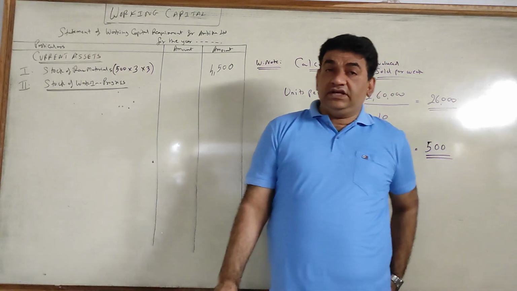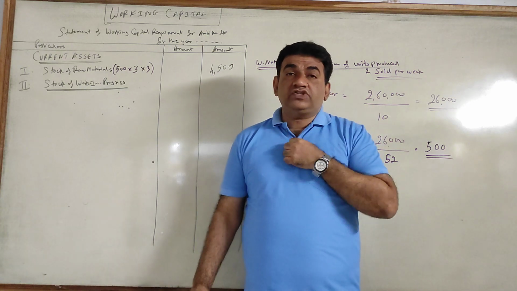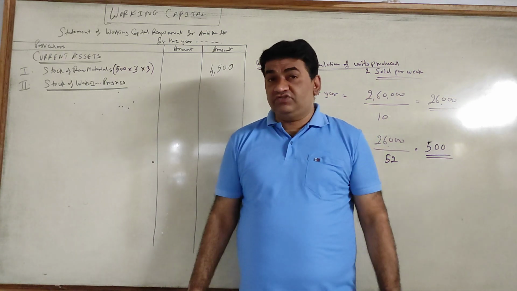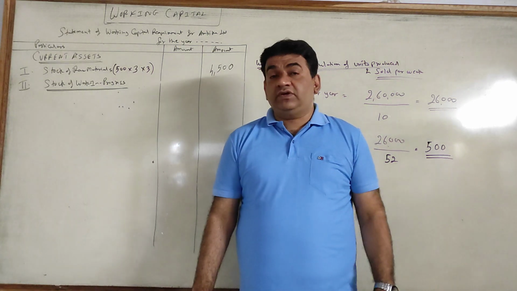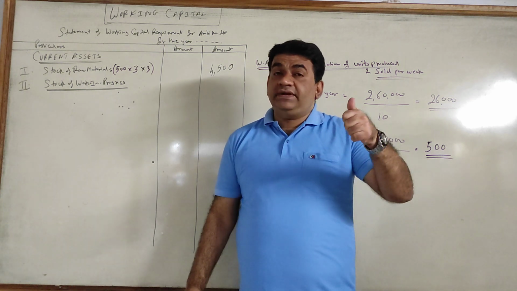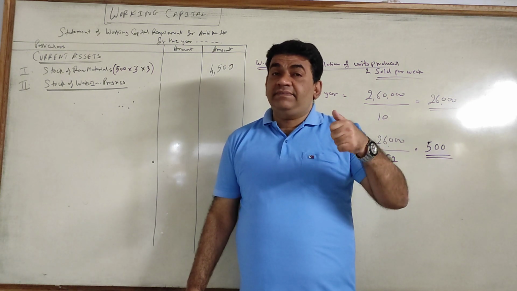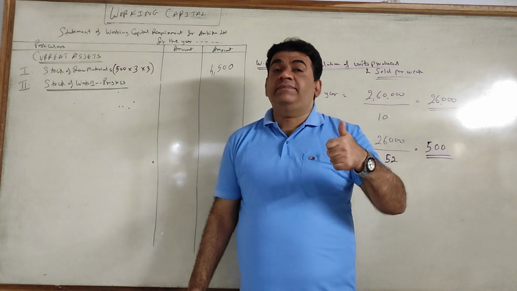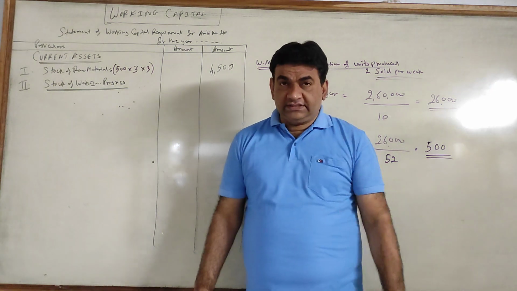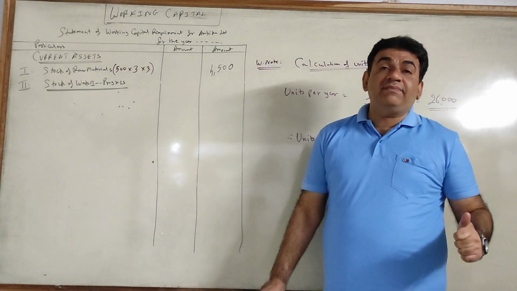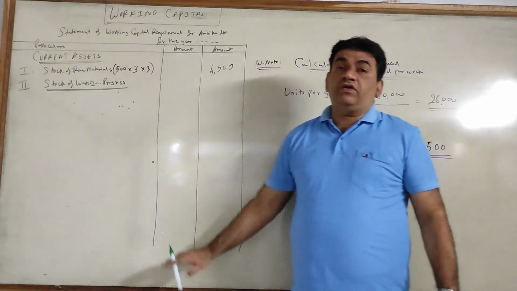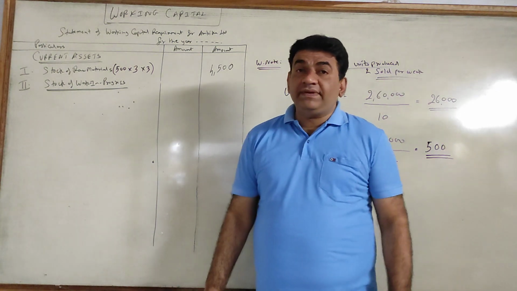You will have done this earlier also. In FI also you will have done in manufacturing final accounts, and you all had a separate chapter also. If you remember in costing, separate chapter for material, separate chapter for labor, and separate chapter for overheads. So material, labor and overheads are part of WIP. What is the meaning of WIP?